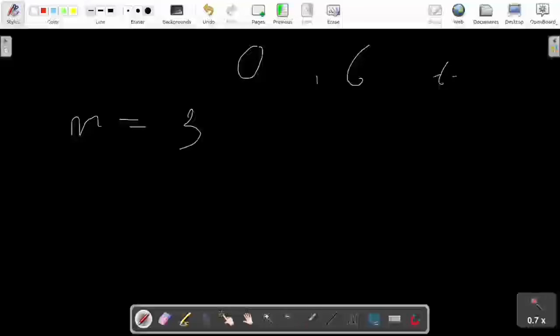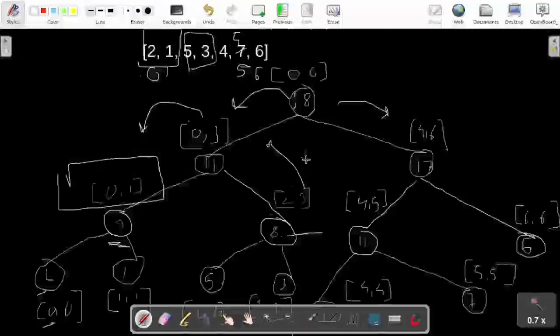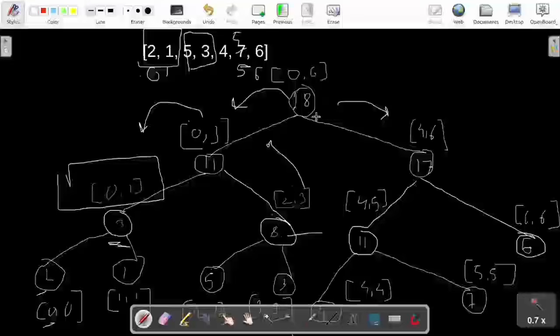Our target t is 5. Is 5 greater than 3? Yes, 5 is greater than 3. Now, since 5 is greater than 3, tell me in which part you will move. The left part always has the range L to mid, and the right part always has the range mid plus 1 to R.